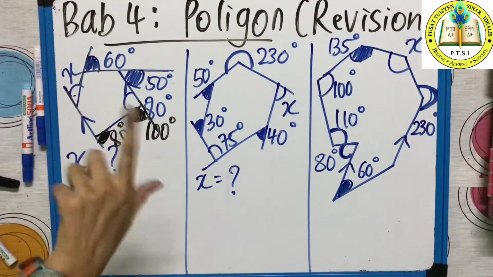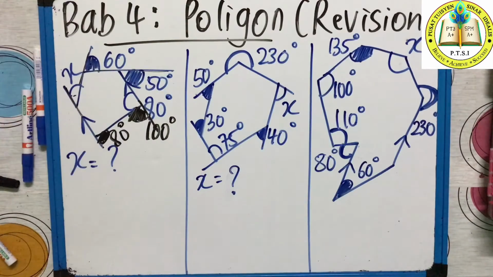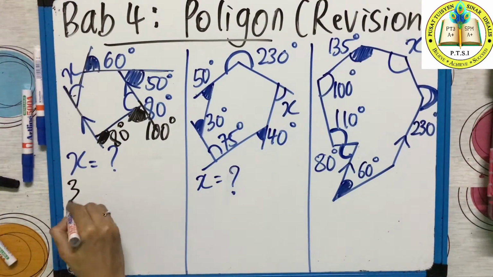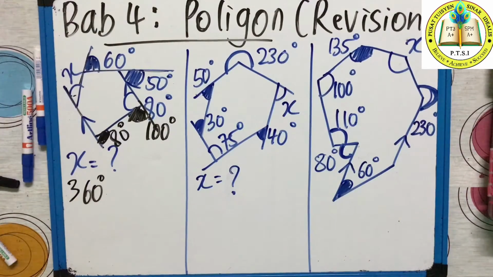So now if you see clearly class, all the angles are outside. Semuanya sudut peluaran. So now we have studied before. Jumlah sudut peluaran adalah berapa? 360 darjah. Any polygon you do also, the exterior angle total plus 360 degrees.